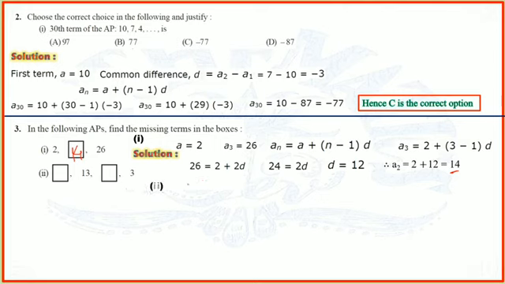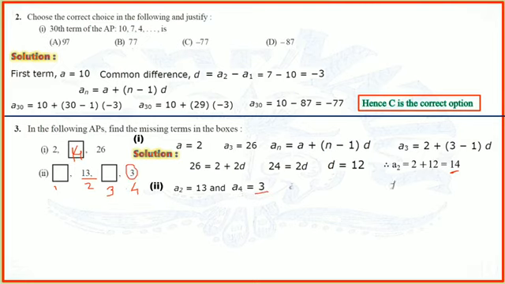Now we move on to the next part, the second one. The first term is missing, the second term is 13, the third term is again missing, and the fourth term, which is also the last term of this AP, is 3. So a2 is 13 and a4, the last term, is 3.